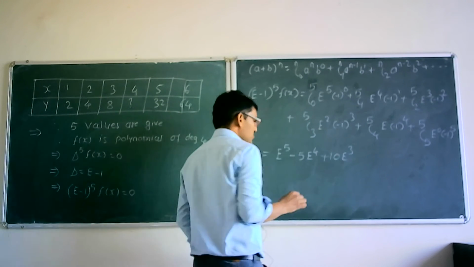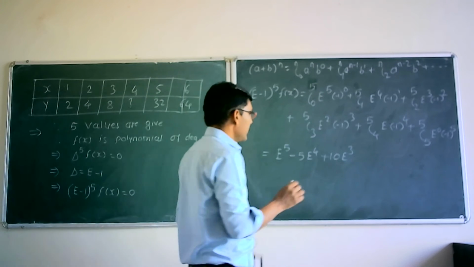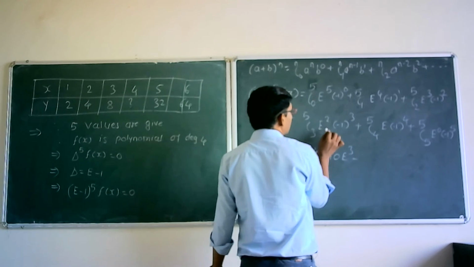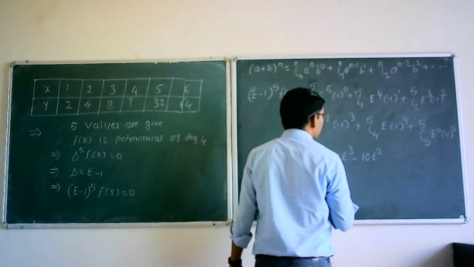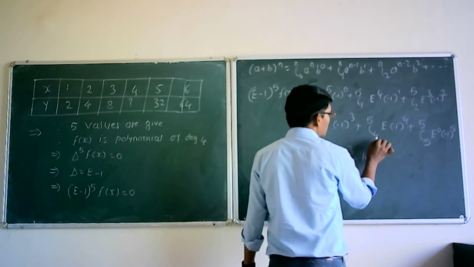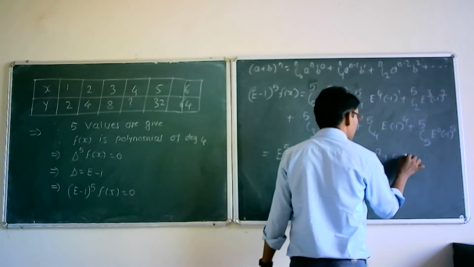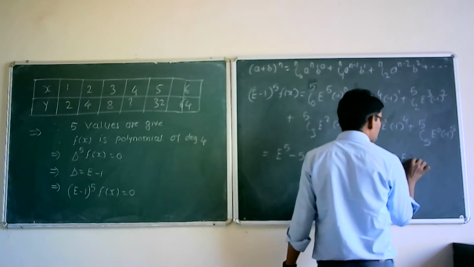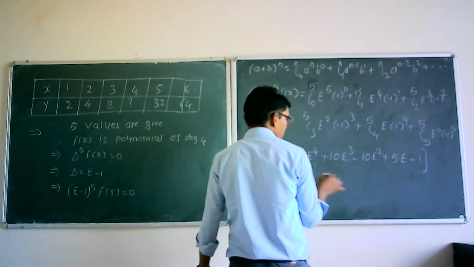Then next 5c3 is again 10, so minus 10 e square. Then next 5c4 is 5 e, and this is minus 1, all multiplied into f of x.